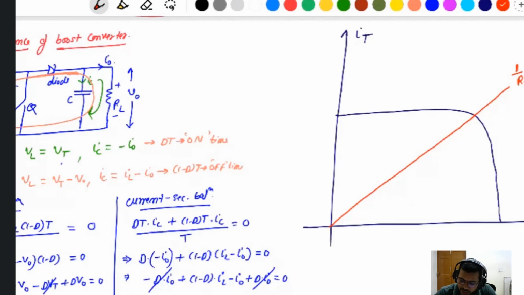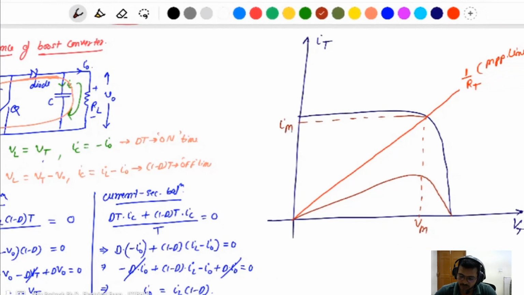So the maximum power point line, you can say this one, a load line for the maximum power. This one is Vm, this one is Im. This is the maximum power.